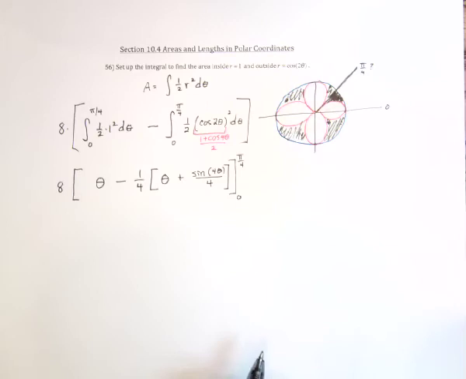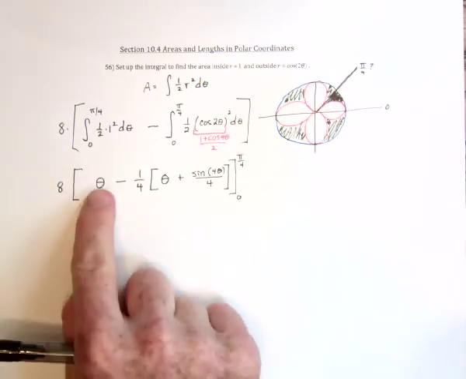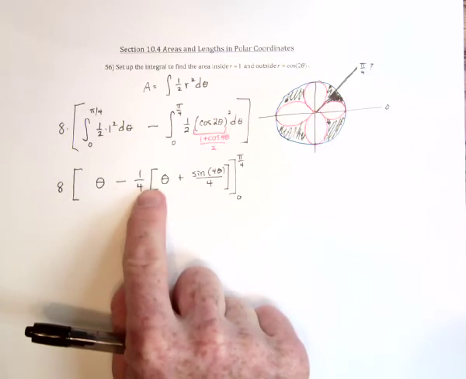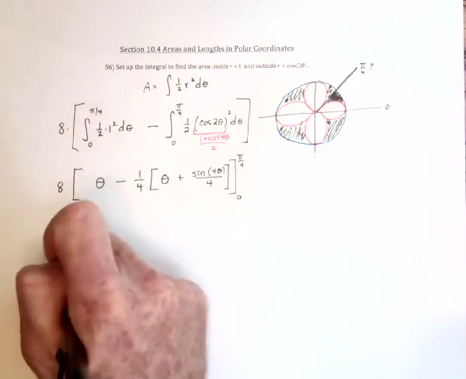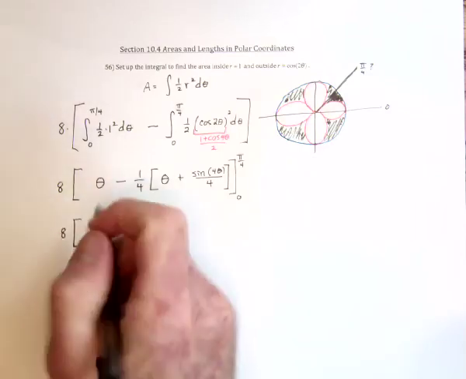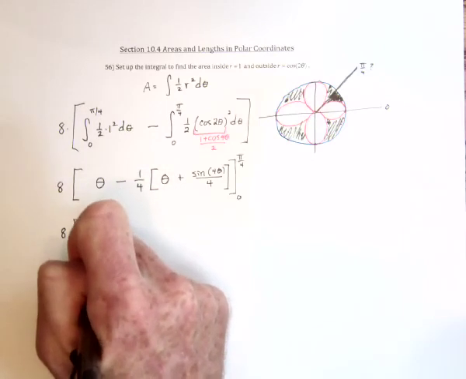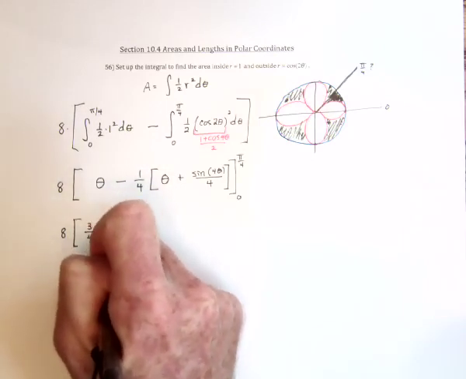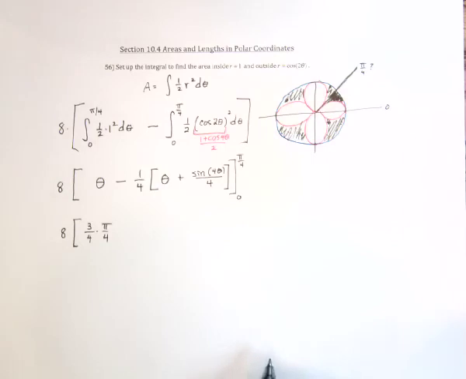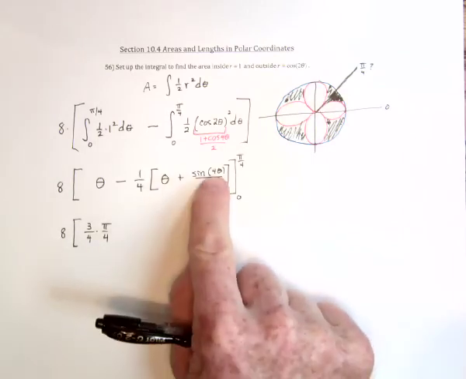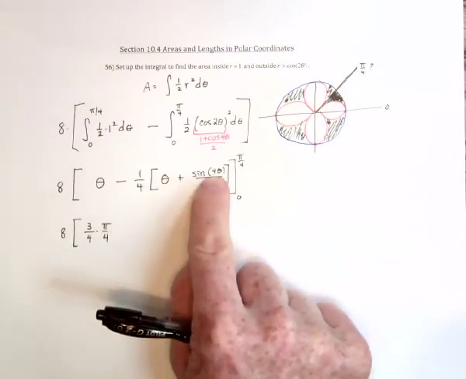So substitute pi over 4, we would have 1 pi over 4 minus 1/4 pi over 4, so that's 3/4 pi over 4. And then substitute a pi over 4 in here, and we're going to get sine of pi. Sine of pi is actually equal to 0.